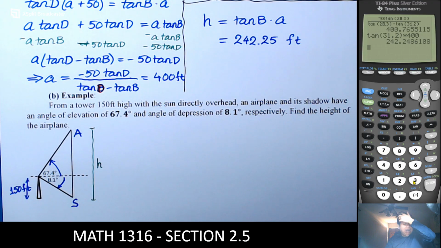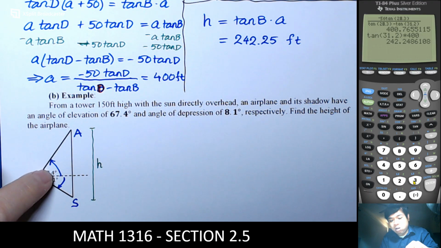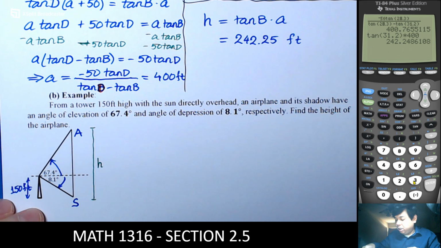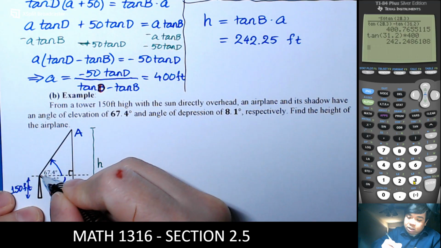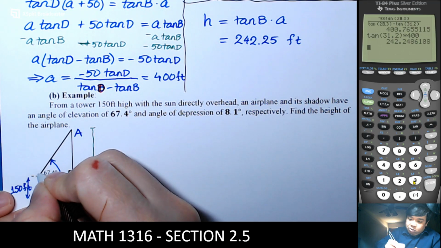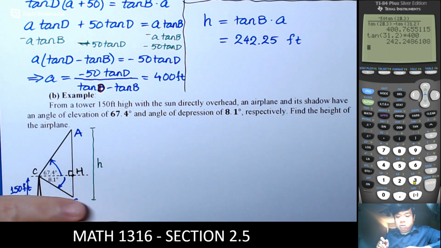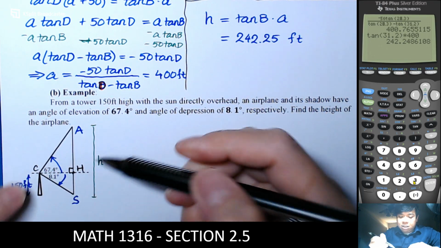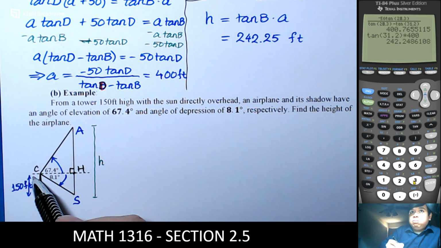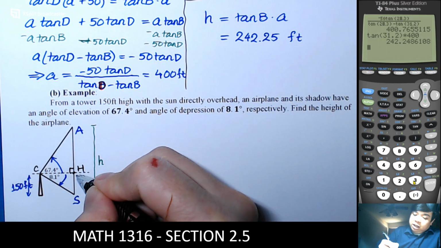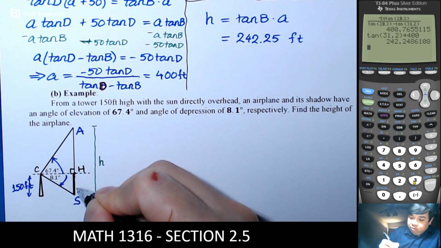In this case, we won't be able to find that directly because that's not a right angle. But there will be two right triangles here. Let's put some letters. Let this be H and the angle, let's say C. So we have the triangle CHA and the triangle CHS. By the way, if we look straight out from the tower, and this is 150 feet, the HS is also 150 feet.